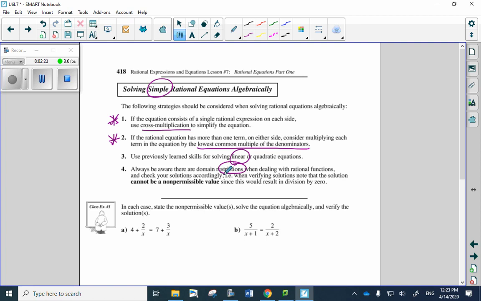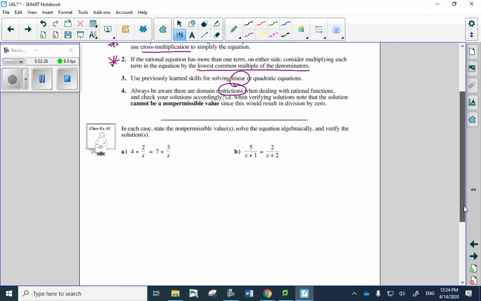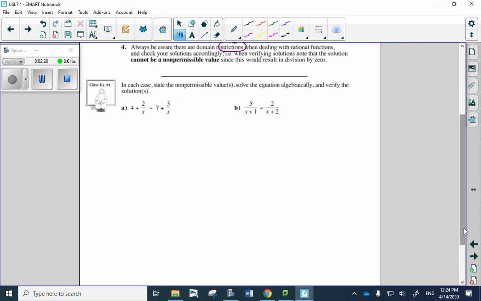I'm going to pick and choose which examples we look through. We're going to look at example number 1. It says in each case, state the non-permissible value and then solve the equation algebraically and verify the solution. We're not going to worry about example A, we're not going to get a question like that. This one, B, we definitely will see in Math 30-2.